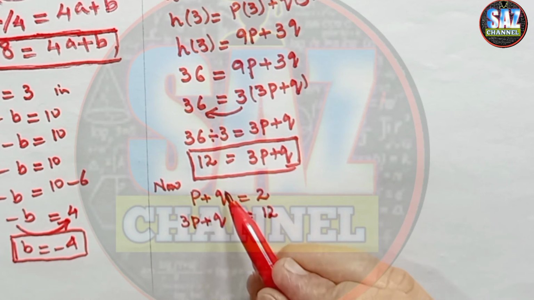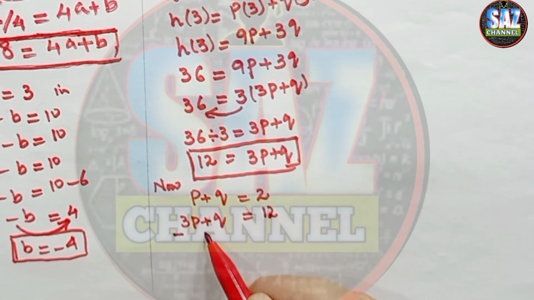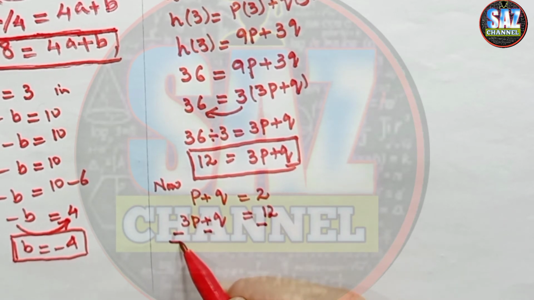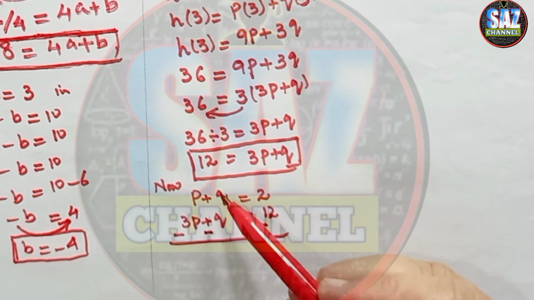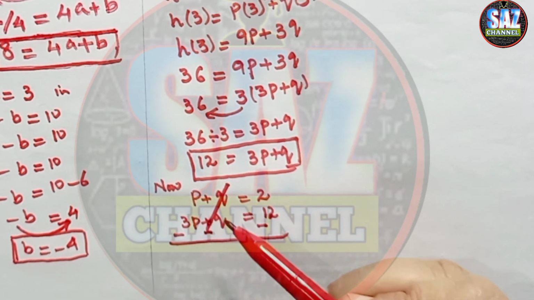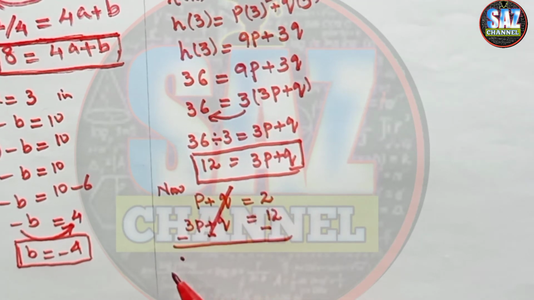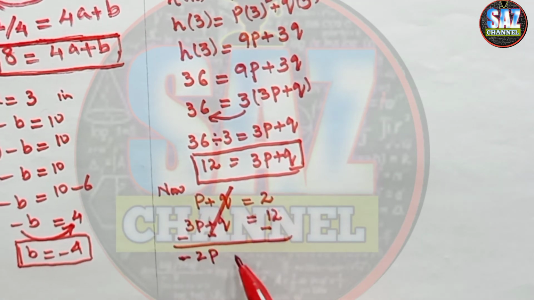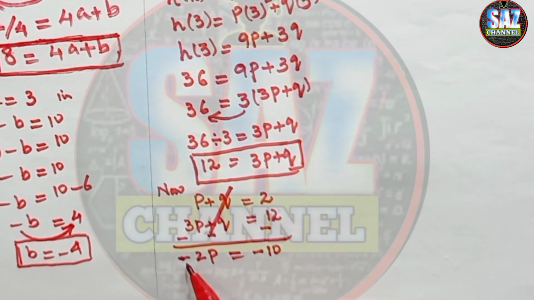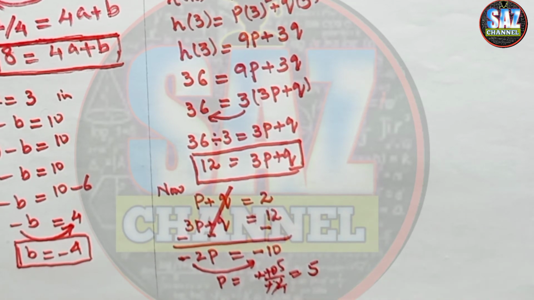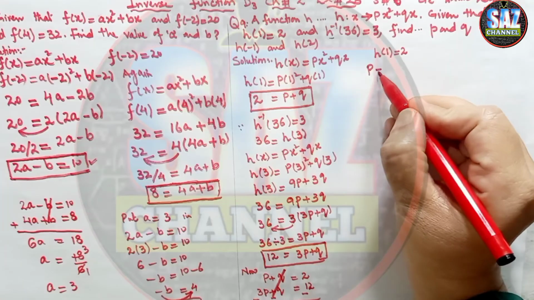So in order to remove q, I have to change the sign of the second equation, and then I can cancel q with this q, and p minus 3p will give me minus 2p equals 2 minus 12 is minus 10, and now I have to shift this minus 2 to the other side, and p will be equal to minus 10 divided by minus 2, and it will give me 5, since 2 fives are 10. So the value of p is 5.